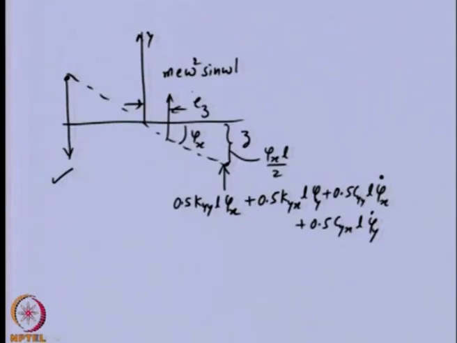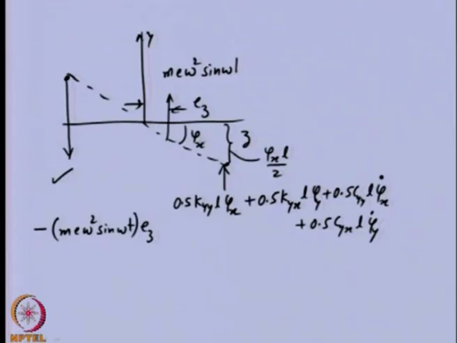So, we can write, let us say, a moment m e omega square sin omega t into E z is the moment. This is giving moment in the counterclockwise direction, that is opposite to the angular displacement. So, it will be negative, and this force and this force will give a moment again opposite to the angular displacement direction.